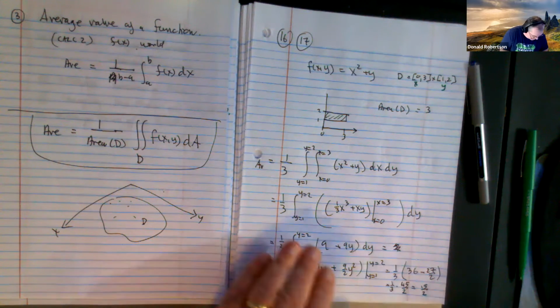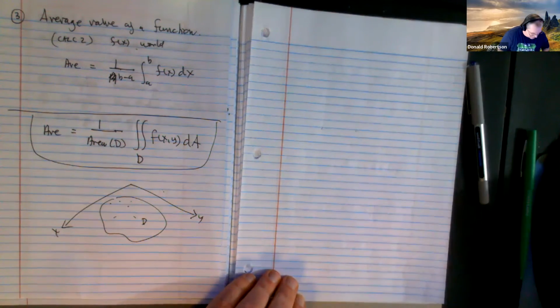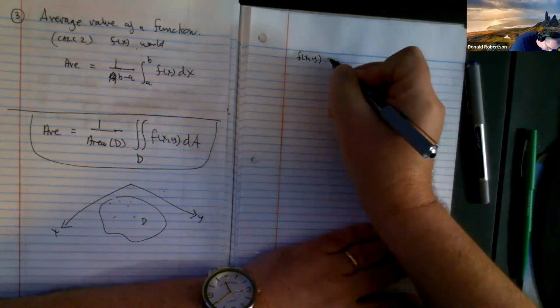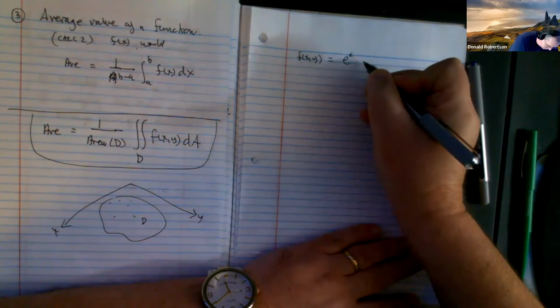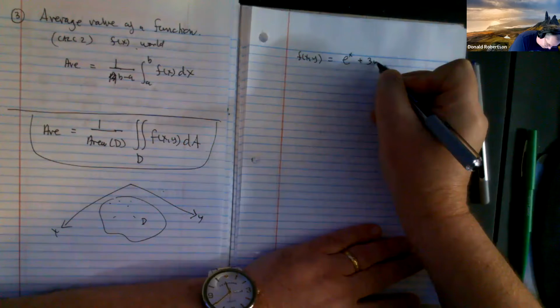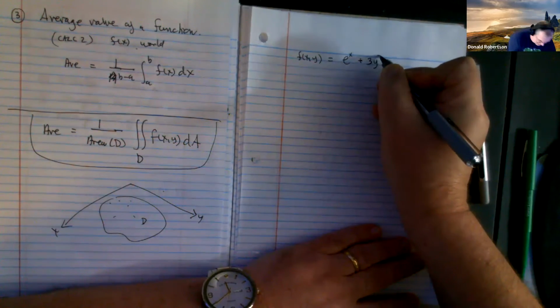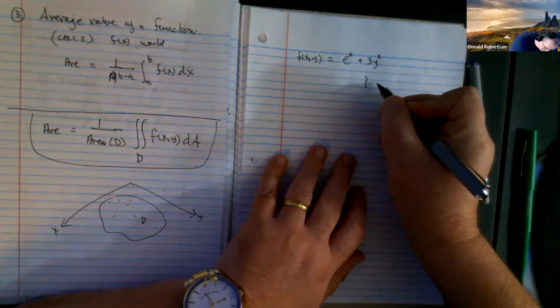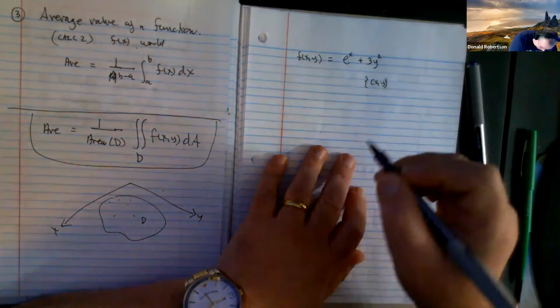Yeah. Let's make that region uglier. So let's suppose I ask for the average value of this function. And the region is described as all the points x, y. Oh, let's do a different one.